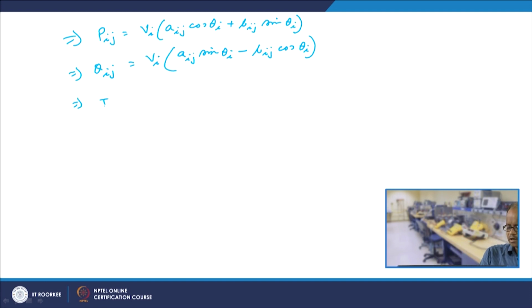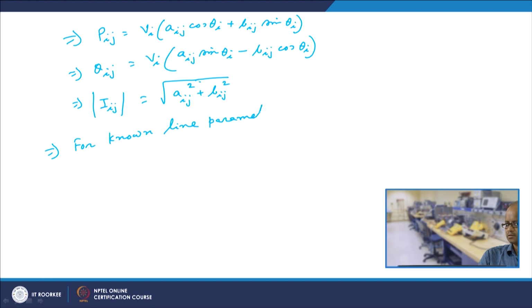So then also I can write down that the magnitude of Iij is equal to root over Aij square plus Bij square. So then for known line parameters, Pij is some function of Vi, theta I, Vj, theta j.